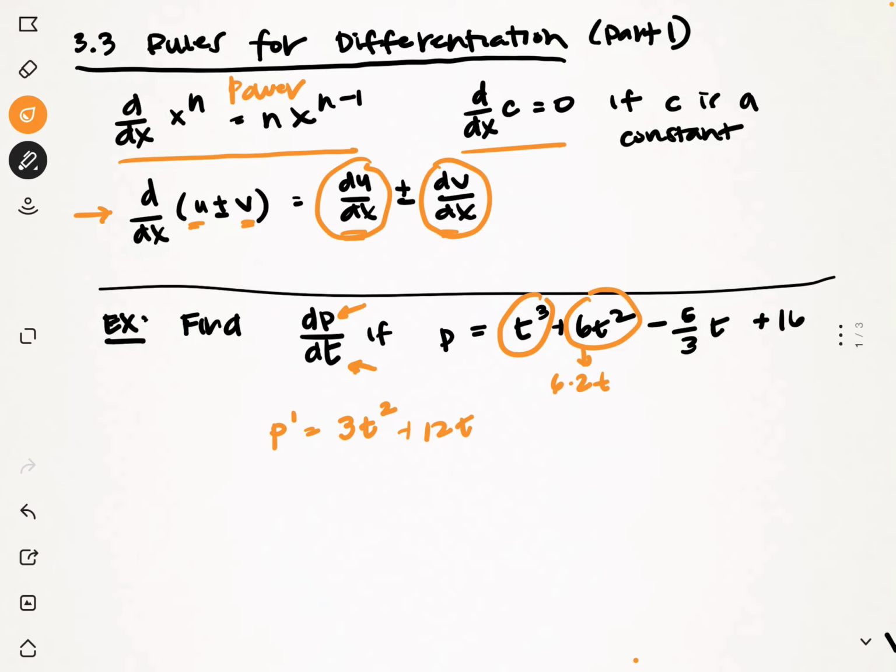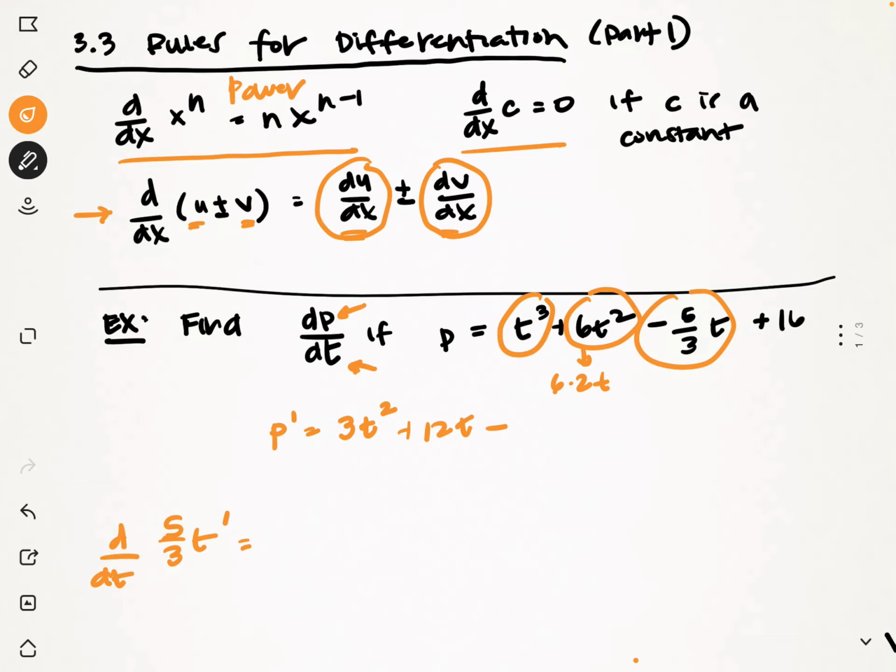Okay, the third part. So we're going to have minus 5/3 t. Now anytime we're finding the derivative of just t, this is what happens. If we don't have a power there, we can put 1. So we're finding the derivative with respect to t of 5/3 t, or 5/3 t to the first.